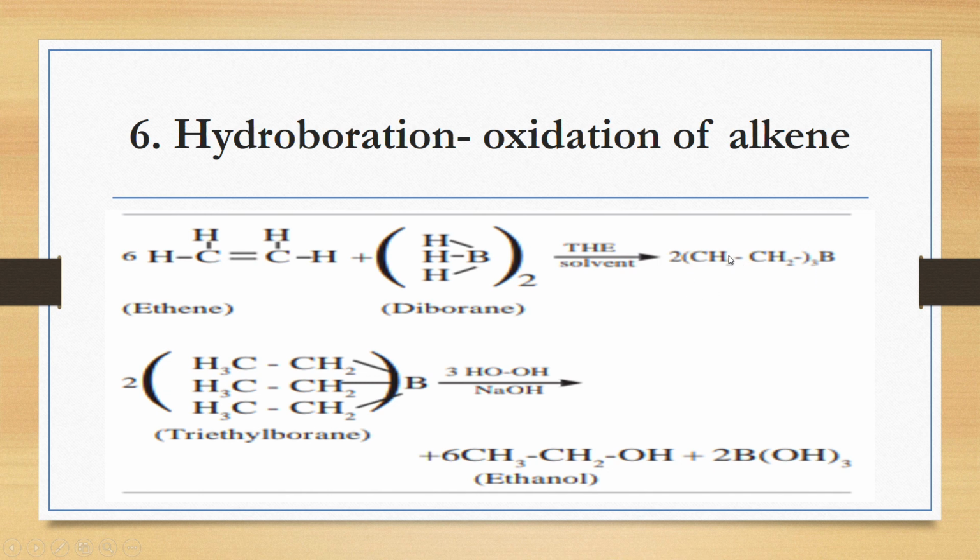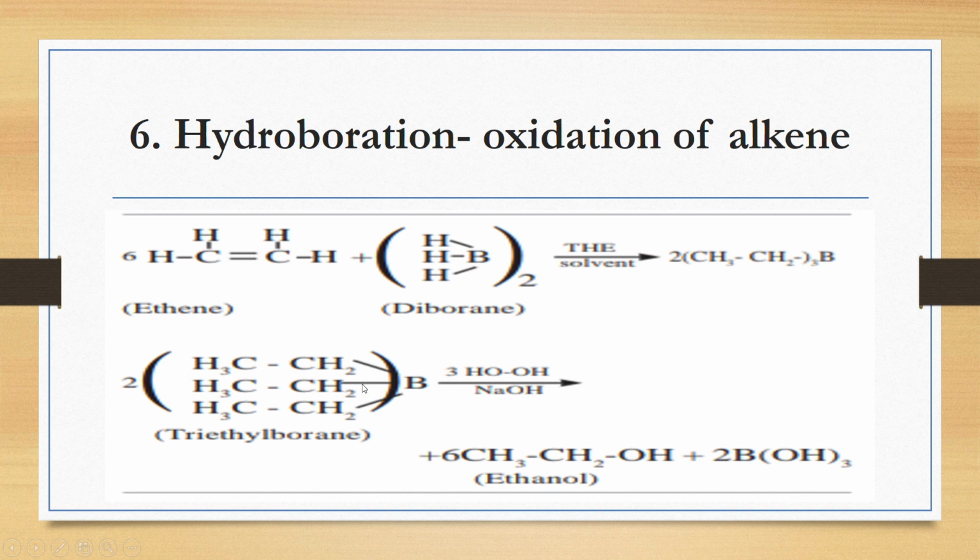You can see in this structure how exactly the carbon atoms are arranged. This has 3 ethyl groups, 1, 2 and 3: triethyl borane. In the second step, we'll treat it with 3 molecules of hydrogen peroxide in alkaline medium of NaOH.